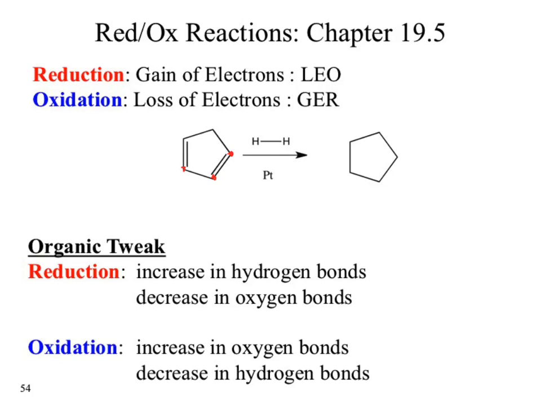So we're looking at these carbons. What happened to those carbons in the process of becoming the product? Well, we draw on all our bonds. What happened to those carbons? They gained hydrogen.